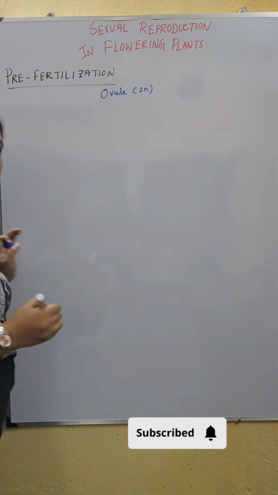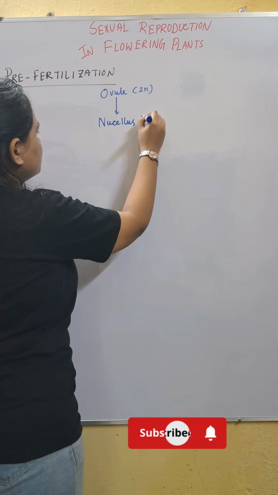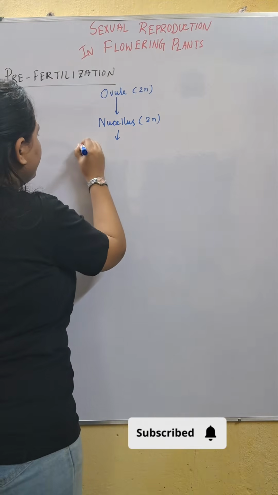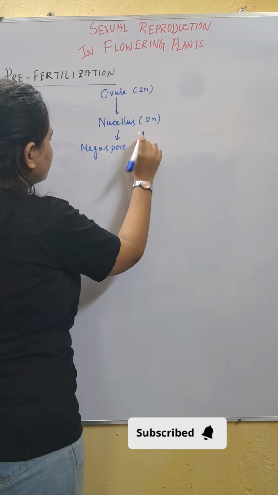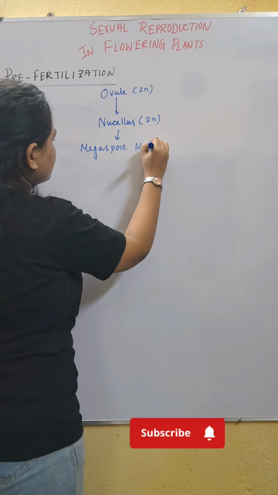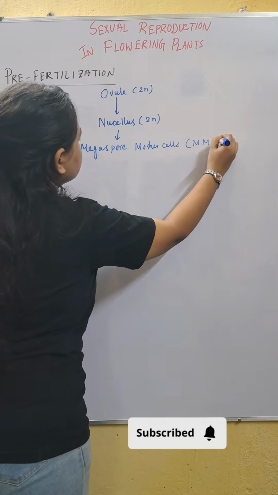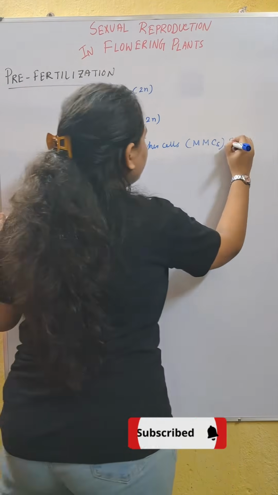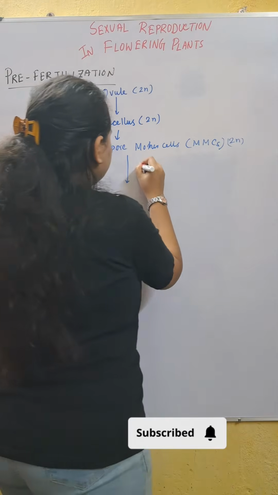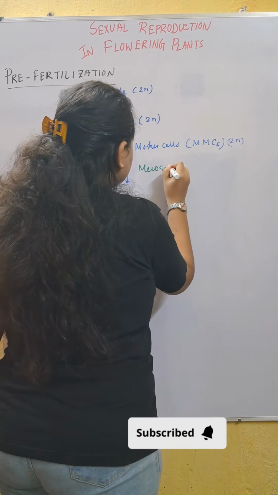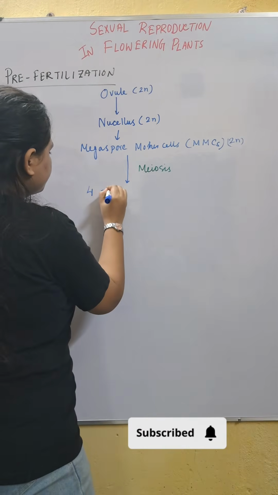We have drawn a labeled diagram of the ovule, so it is also 2N. We have megaspore mother cells, MMCs. So these are 2N. When this undergoes meiosis, it forms 4 megaspores.